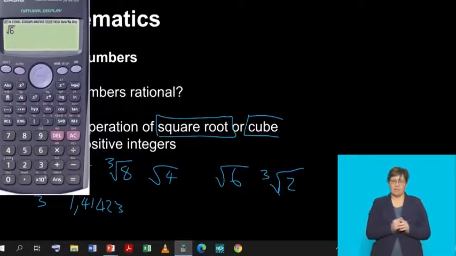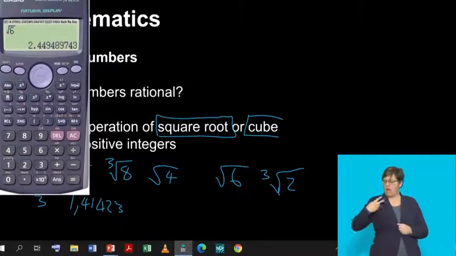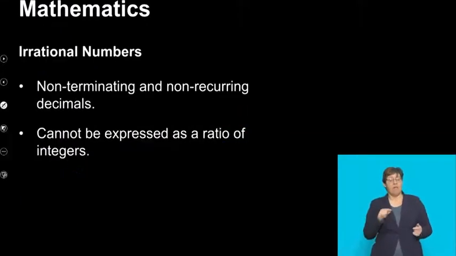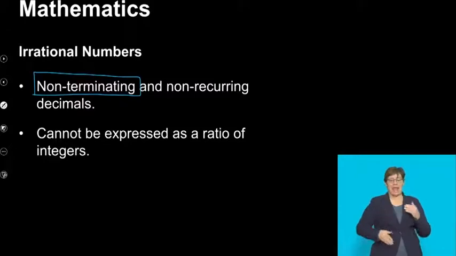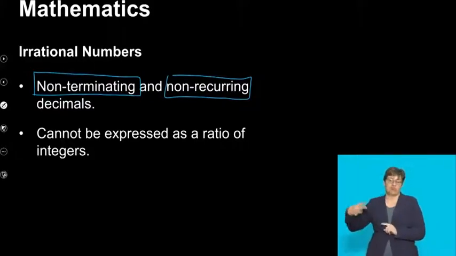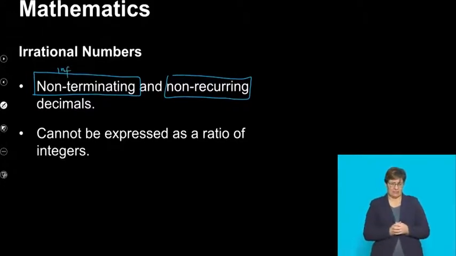But what about these ones that are not giving me numbers that I've classified before? Because this is not recurring. It's not even terminating, because it has a lot of decimals, and those decimals are not following any pattern. So as a result, we have what we call irrational numbers. These are numbers that are non-terminating and also non-recurring. Non-terminating means this one has an infinite number of decimals.